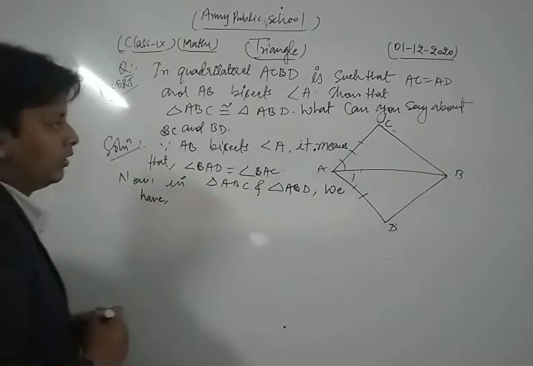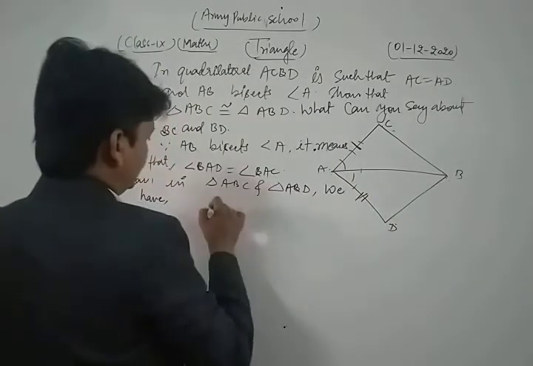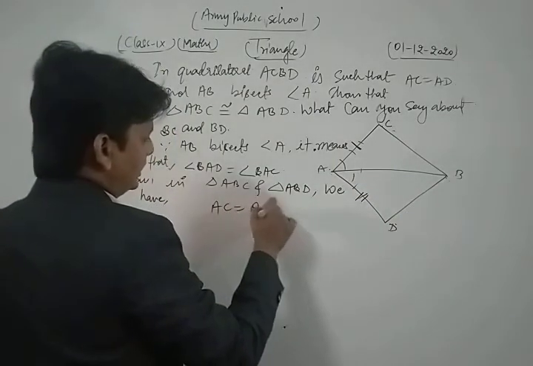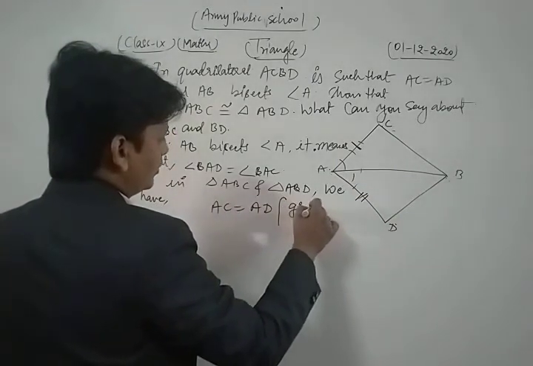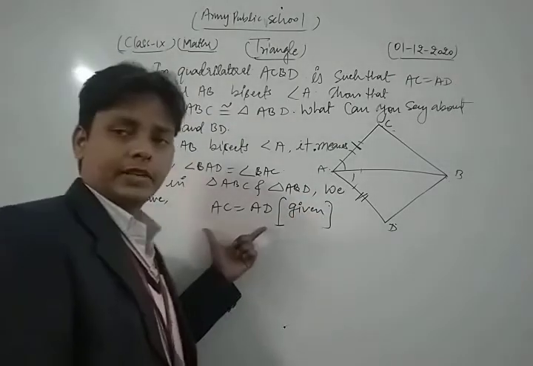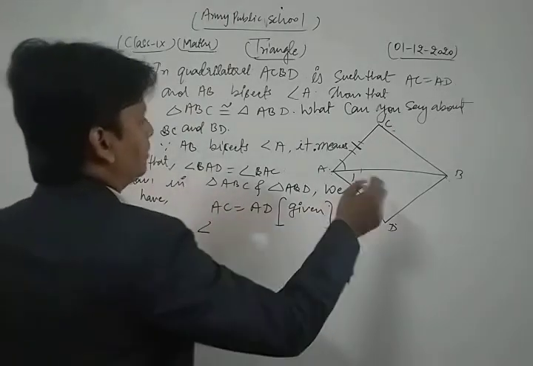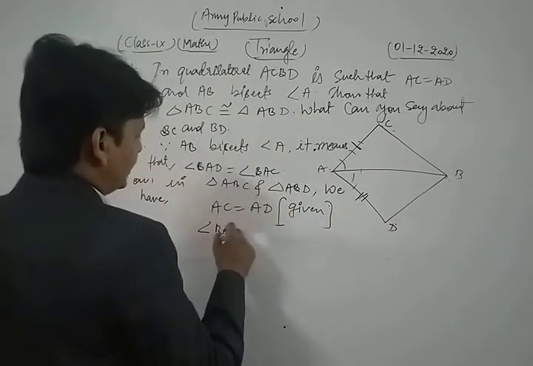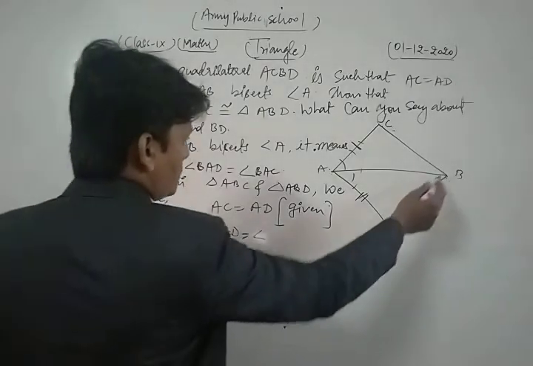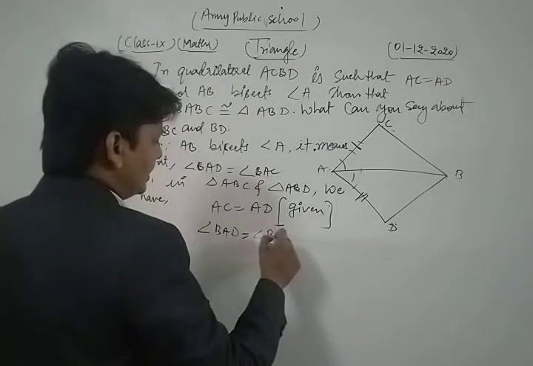We have AC is equal to AD. This is given in our question. And angle BAD is the same as angle BAC.